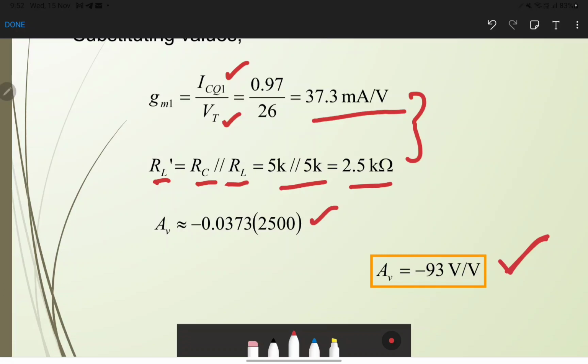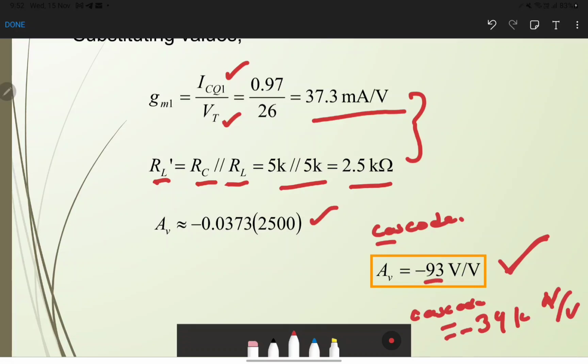Okay, so what I realized is that for the cascade, we can get our gain factor or gain multiplication around 34k volt per volt. However, for the Cascode, we only get around 93.